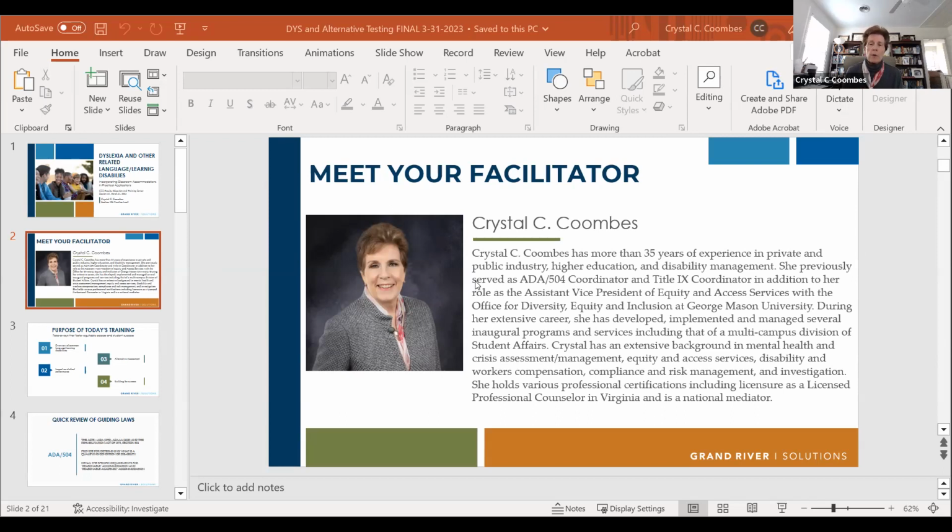ADA defines what a disability is. 504, Section 504 of the 1973 Rehabilitation Act really is how we apply academic accommodations in a college setting, and also K through 12 with some differences in the secondary as opposed to post-secondary.